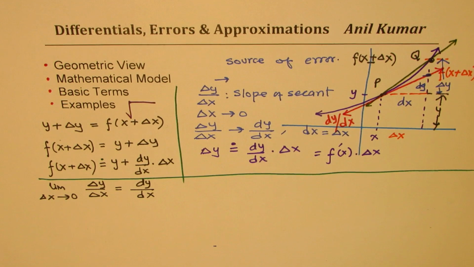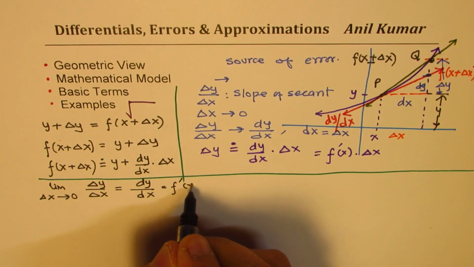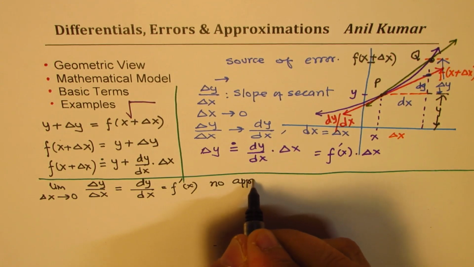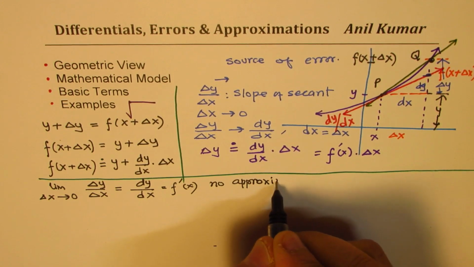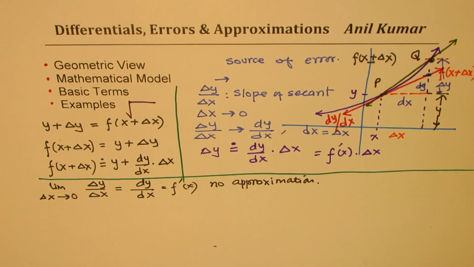Only when delta x is approaching 0, right? Or you could write this as f dash x. So here no approximation. Correct? So in this case there is no approximation.